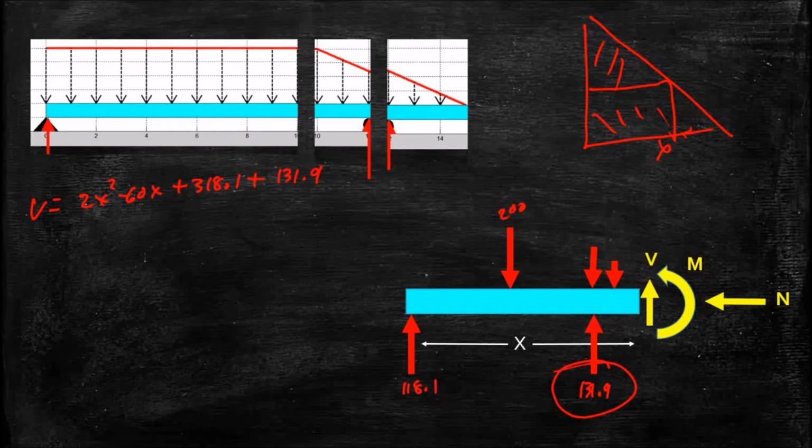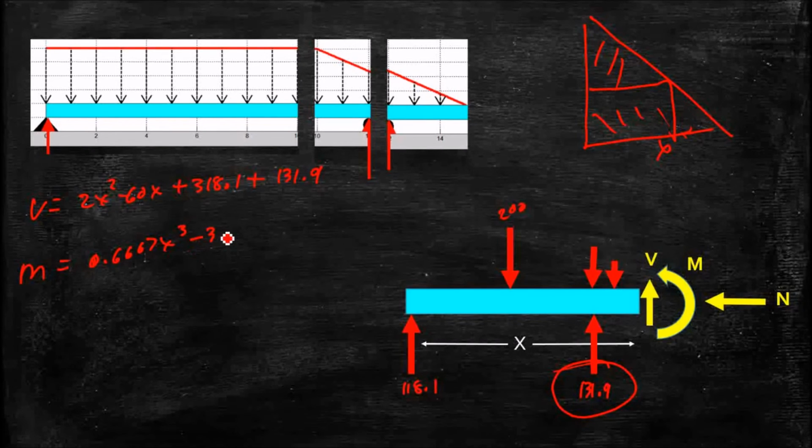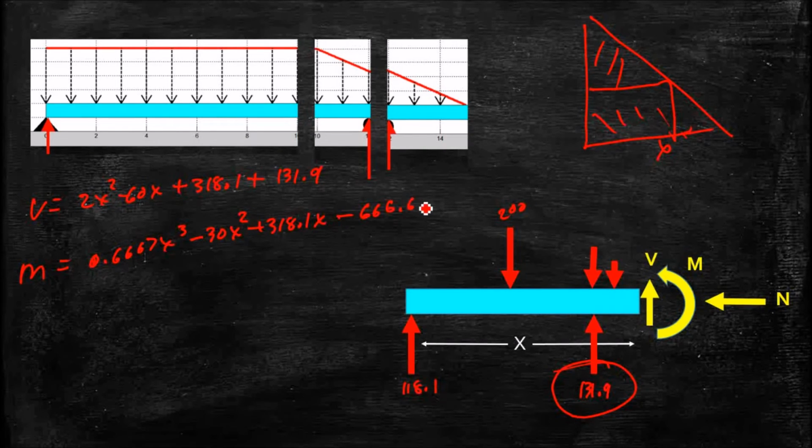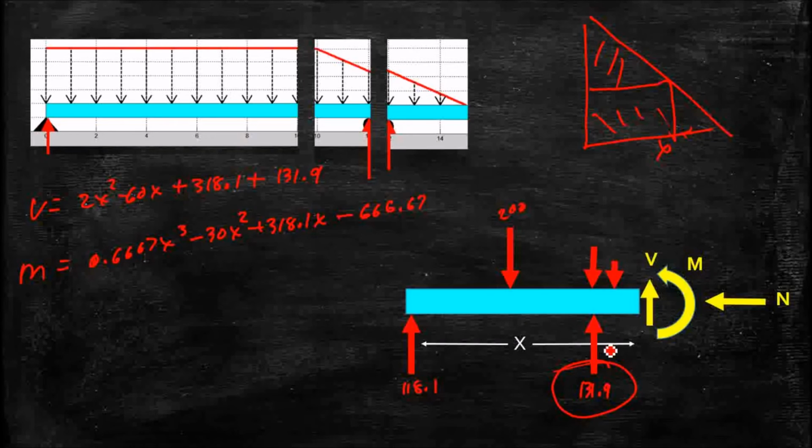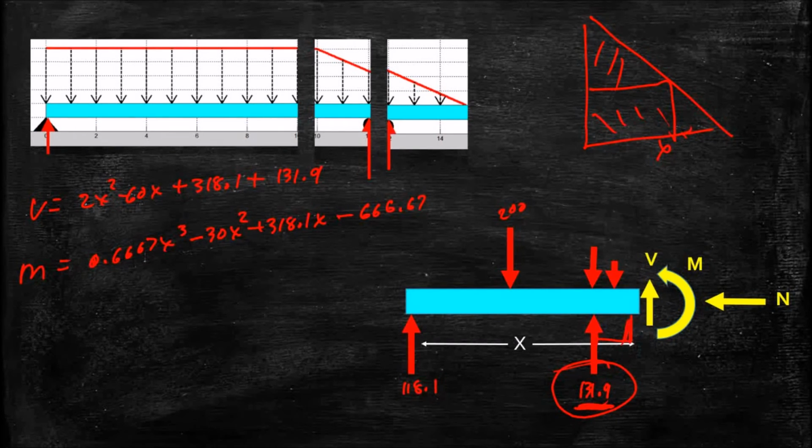I could add those numbers together, but I'm not going to right now. Same with the moment. My previous equation, 0.6667 x cubed minus 30x squared plus 318.1 x minus 666.67. And I just need to add the moment caused by this reaction force, which is at 131.9 times this distance here from the end.